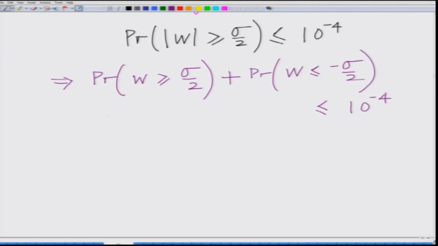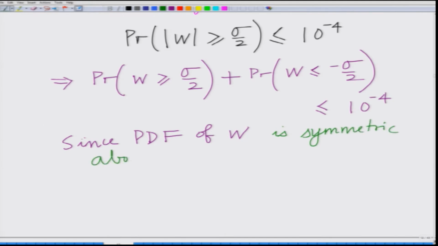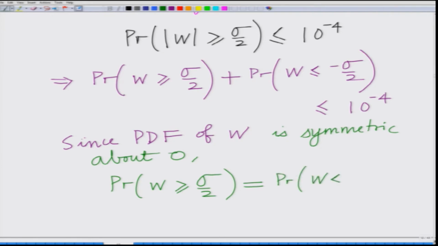Since the PDF of w is symmetric about 0, the probability that w is greater than or equal to sigma by 2 equals the probability that w is less than or equal to minus sigma by 2.